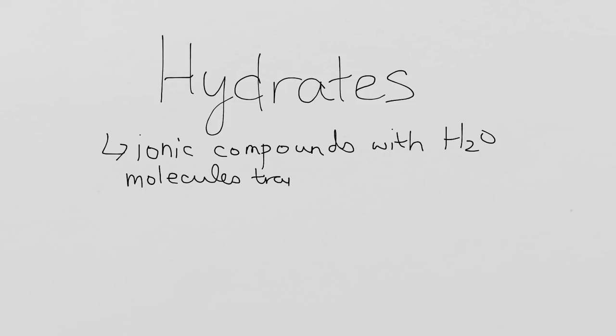And only ionic compounds can do that because ionic compounds have a crystal lattice structure. So larger ionic compounds with a crystal lattice structure have spaces in between their atoms or their ions, and so water molecules that are small can go inside and be trapped.